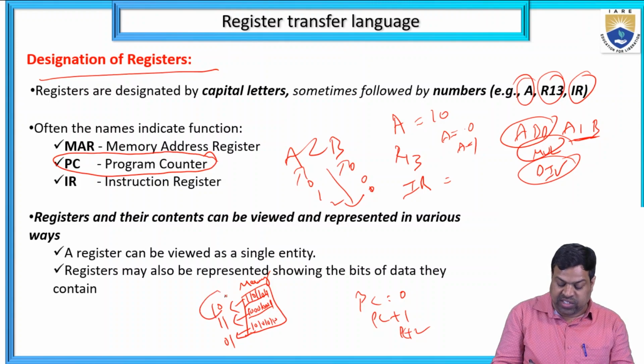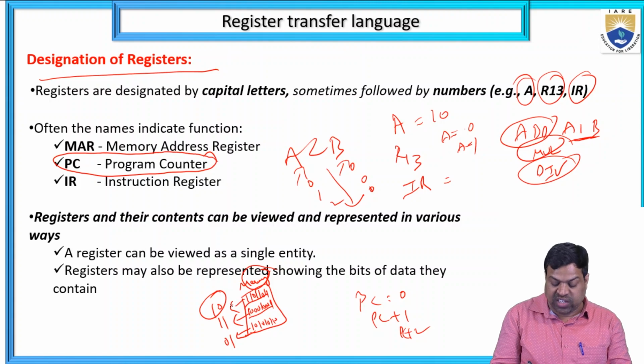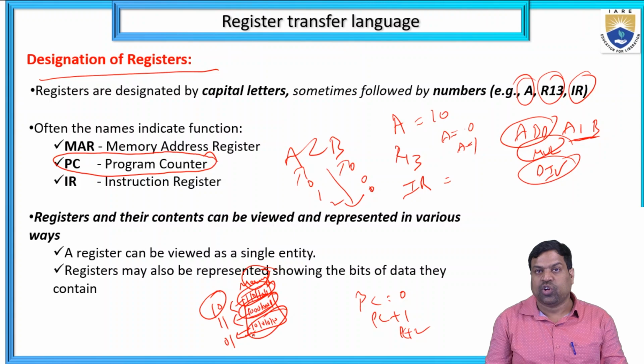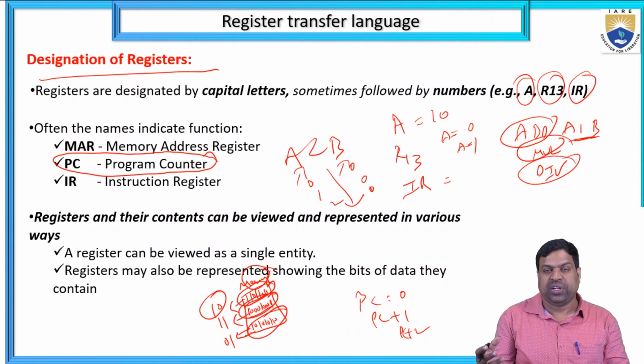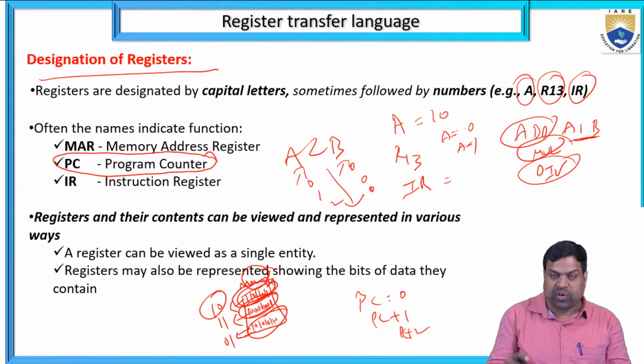So in the particular memory, what is the address? Here this address is 10, this address is 11, this address is 01. So in the particular address, what is the data? I am taking one particular address, 10. In that address, what is the data? The data is 110, 110, 11.